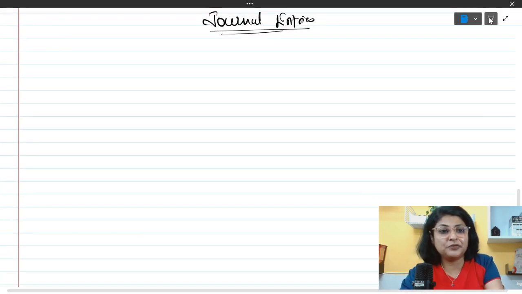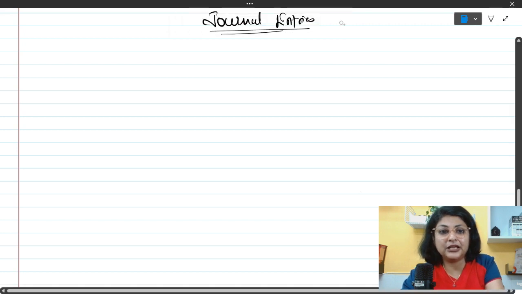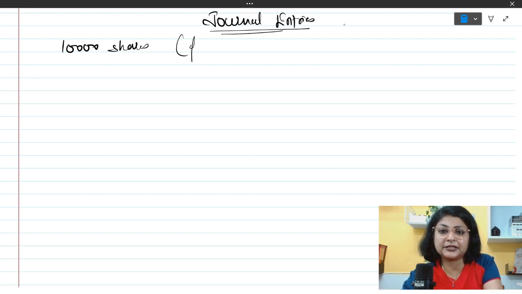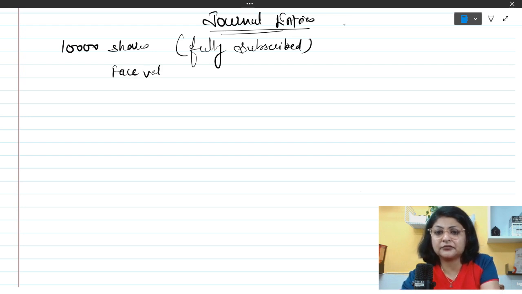So let's assume a situation where a company has issued 10,000 shares and it is fully subscribed. And the face value of the share is, let's say, rupees 100. Rupees 50 is application money.